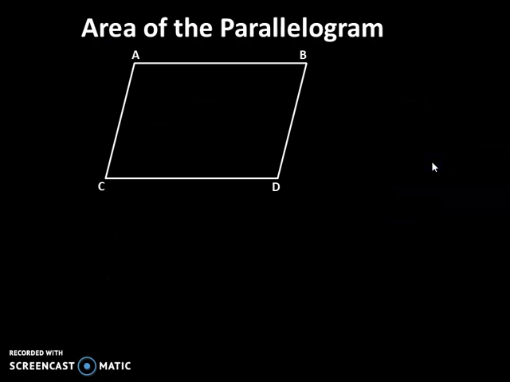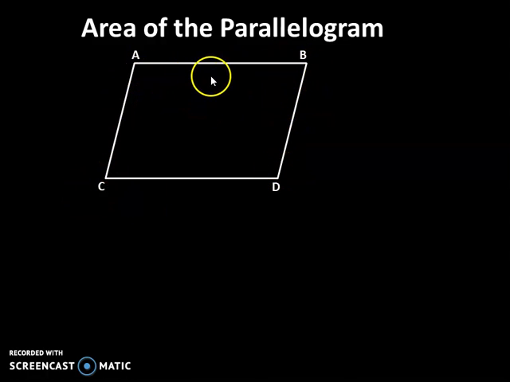Now we learn the area of the parallelogram. We have to find out the area of this parallelogram. It looks something like a rectangle, but it is not, because in a rectangle all angles are 90 degrees, and here there are slanting lines, as you can see.